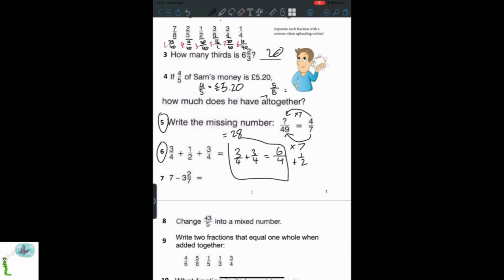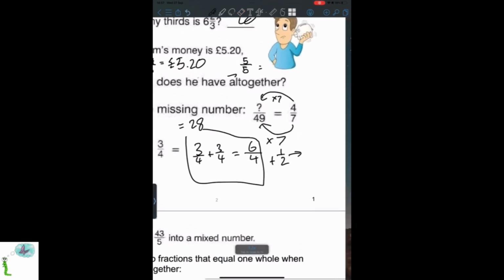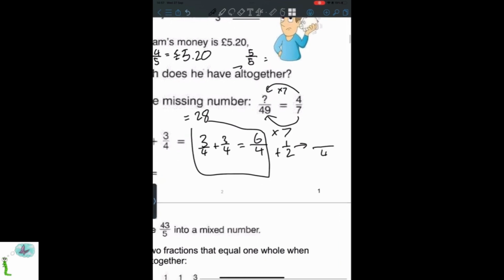So to get a half to have the same denominator as the others, we just stick in 4 and then try and figure out what the top should be. And it should be 2. So now we can add 2 over 4 to the previous result.